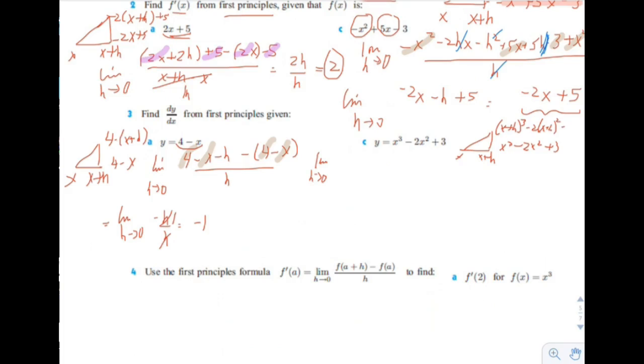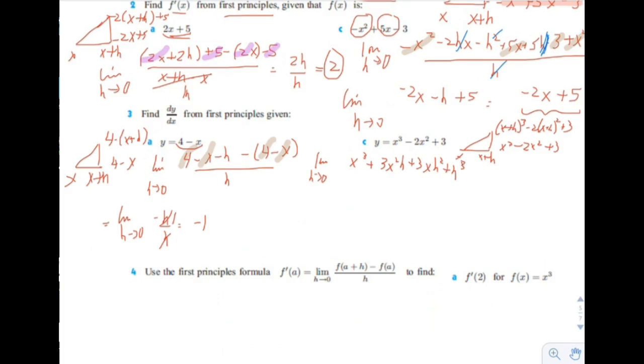Okay, and then we're going to expand it out, so now you've got to know the binomial theorem. So it would be, oops, I'm sorry, it's not 3x squared, it's just x cubed. And then it's 3x squared h plus 3x h squared plus h cubed. That would be the first part.